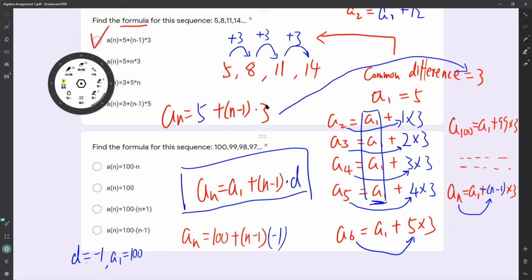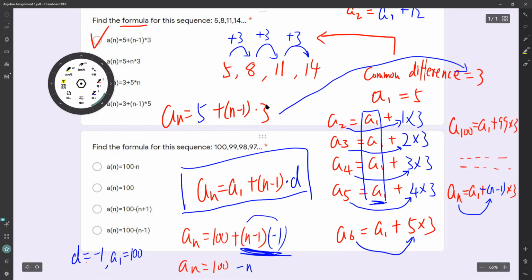And we need to further simplify this. So let's unpack the parentheses. This is -1 times a parenthesis. It will equal -1 times n, which is -n, then -1 times -1.